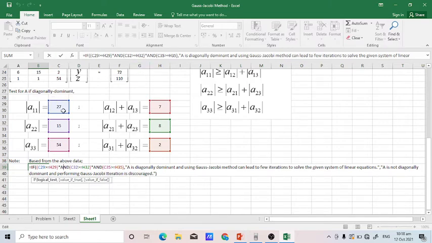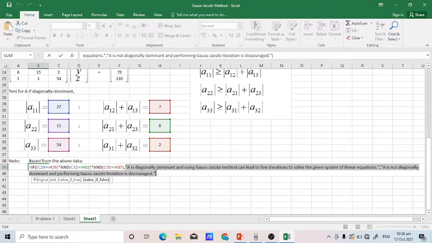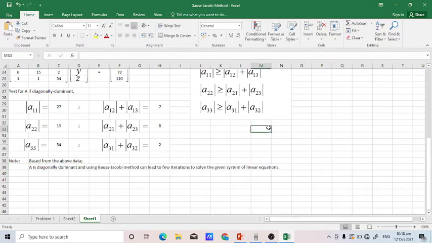So, if C29 is greater than H29 and C32 is greater than or equal to H32 and C35 is greater than or equal to H35. So, ito na yung statement na yan. No? Ito na yung statement. So, copyin lang natin yung statement.